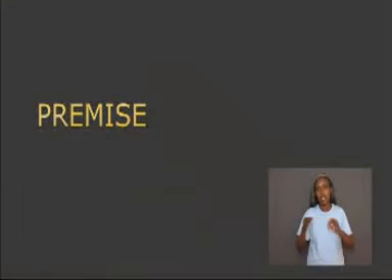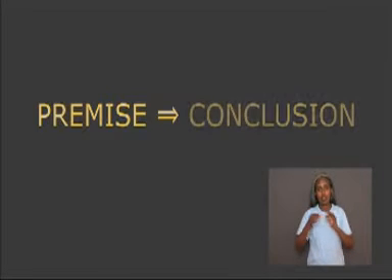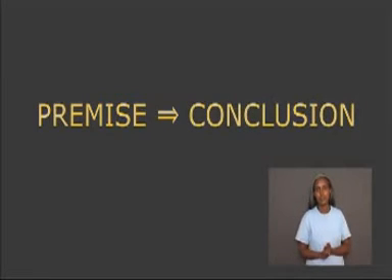In formal logic, an argument is an assertion that a given set of statements called the premise, also called the hypothesis, leads to another statement called the conclusion. The conclusion is also called the consequent.